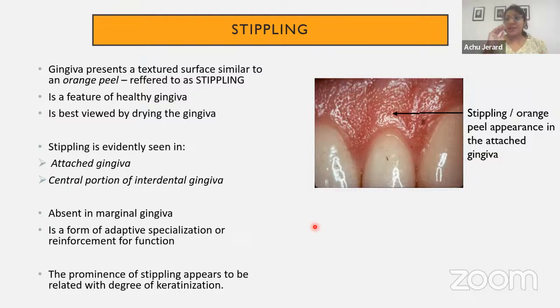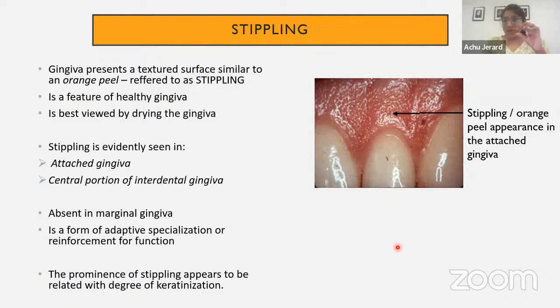So which parts of gingiva show stippling? It is wholly related to attached gingiva in a healthy periodontal condition, and also the core of interdental papilla, not the whole of interdental papilla. It is only the core of interdental papilla. So the core of interdental papilla and attached gingiva show this adaptive specialization called stippling, in a healthy gingival state.